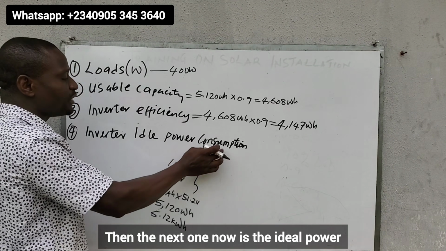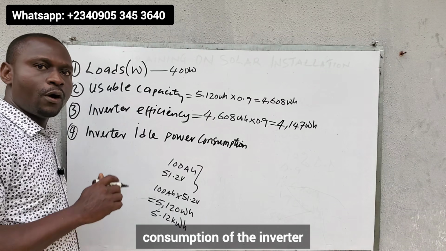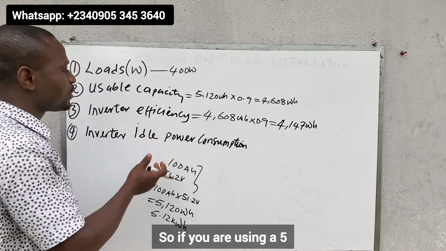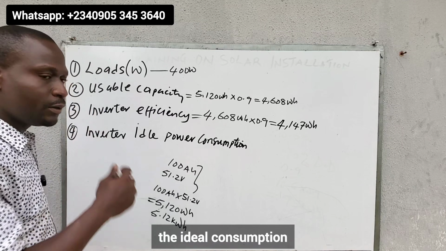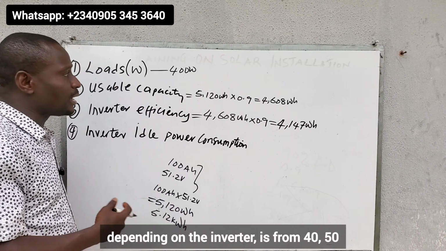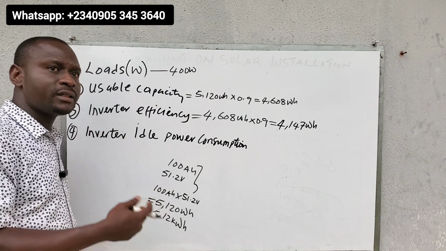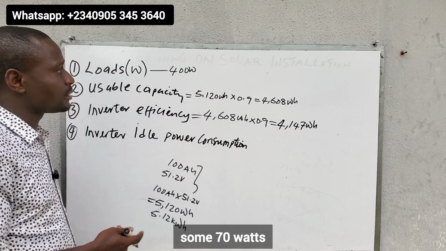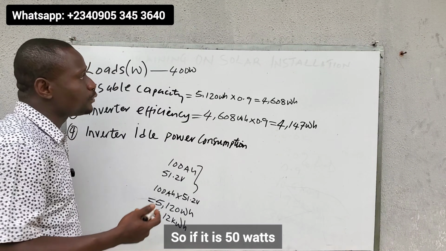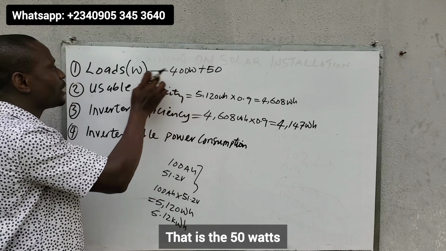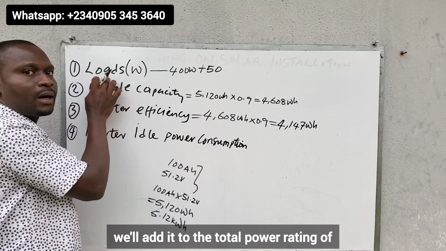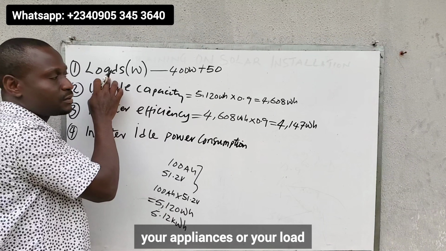Then the next one now is the idle power consumption of the inverter. If you are using a 5 or 6 kilowatt hybrid inverter, the idle consumption, depending on the inverter, is from 40, 50, some 70 watts. So if it is 50 watts, we'll add that 50 watts to the total power rating of your appliances or your load.